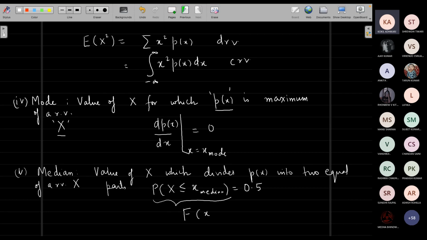So it basically means that F(x median) equals 0.5. So what will be the probability of x greater than x median? 0.5, half. It doesn't matter which way you are going.